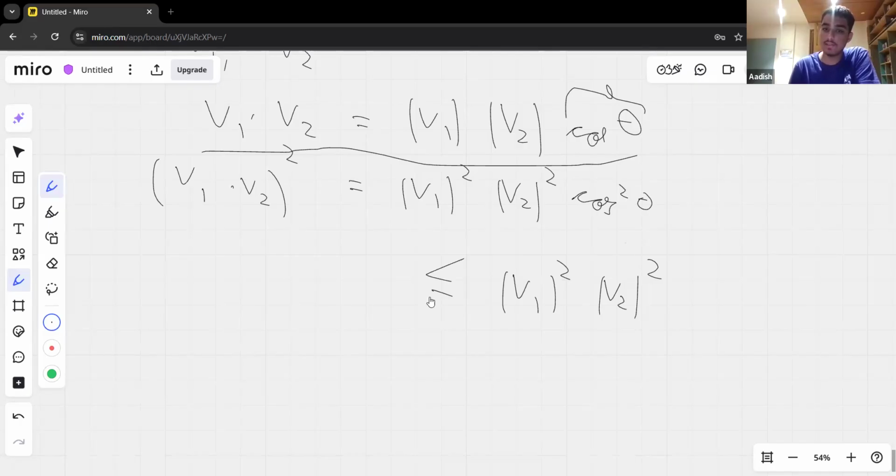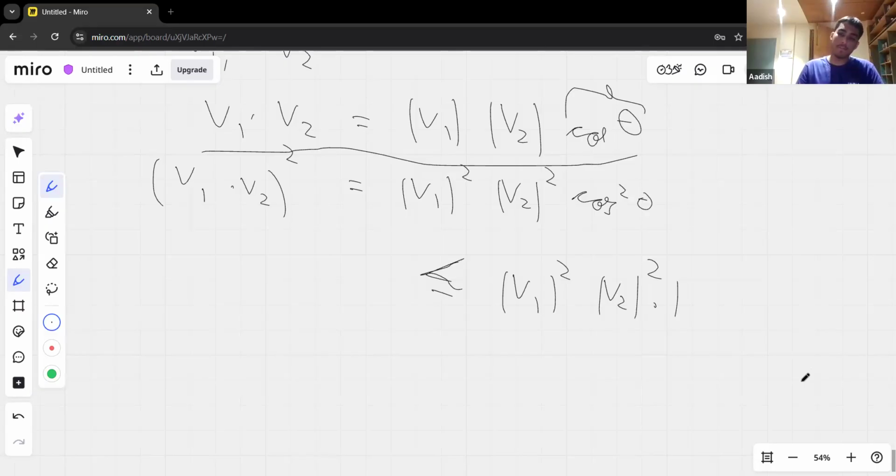So this thing is less than or equal to this times 1. Cosine squared is less than or equal to 1. We just use the fact that cosine squared is less than or equal to 1.